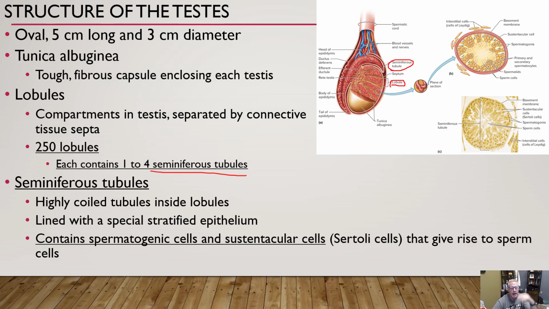Damage to the sustentacular cells will result in starvation of spermatogenic cells. They will cease development because they won't receive the nutrients or support that they need.